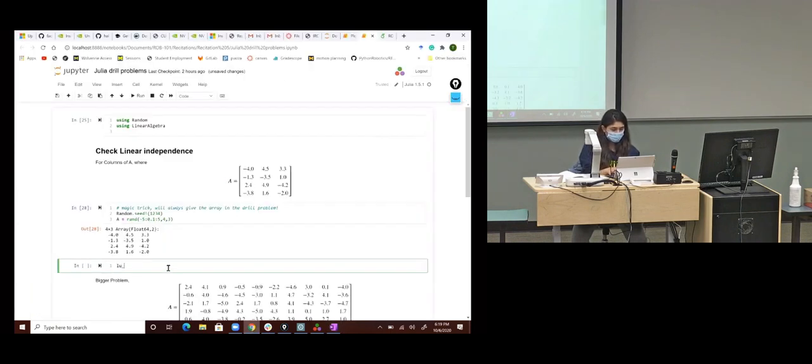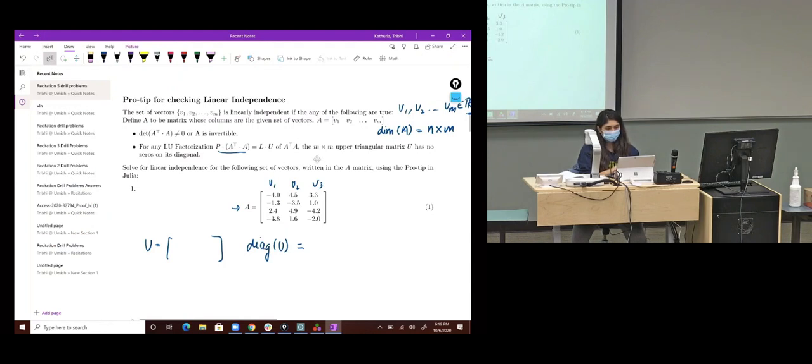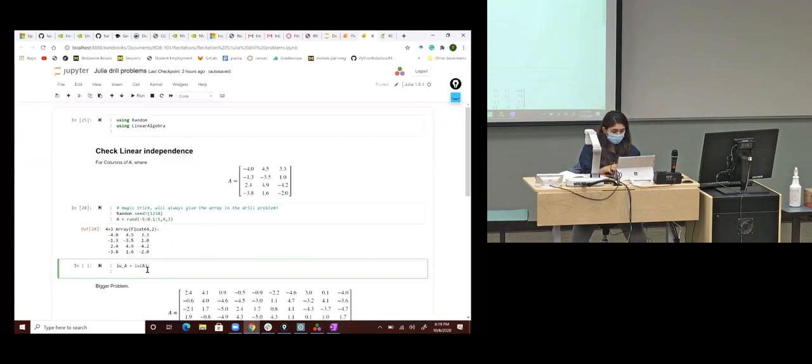I say LU of A equals LU of A. And then you don't care about what's in the P, you don't care about what's in the L, all you care about is what's in your U matrix. And not even the full matrix, you really only care about the diagonal. But for our sake, let's just look at the U matrix for this formulation.